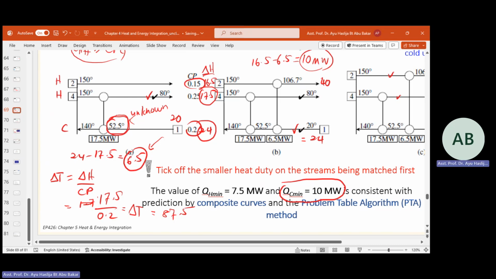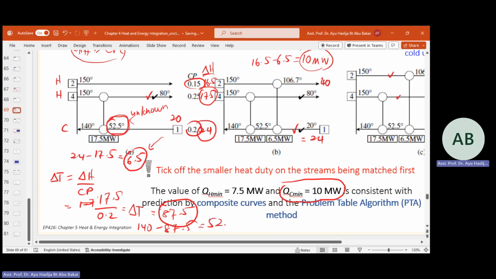So to find this unknown, this is your delta T. So to find your T unknown over here is 140 minus 87.5.